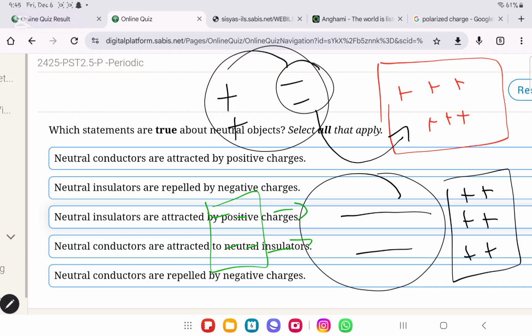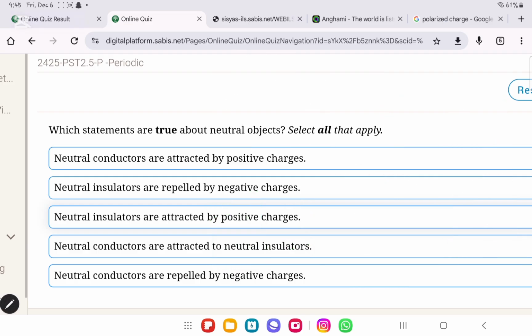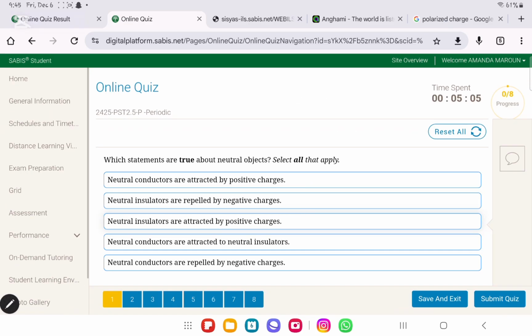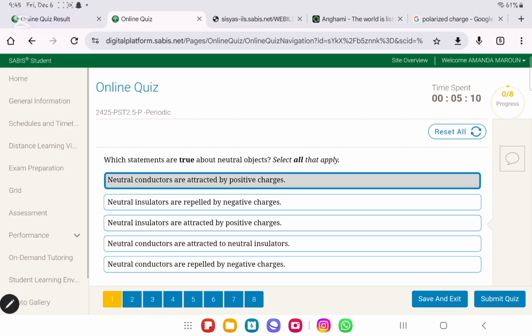So all you need to know is this for this question, and let us answer it. Neutral conductors are attracted by positive charges. Yes, for sure. We said neutral conductors or insulators are attracted by both positive and negative charges, but one at a time. They cannot be both at the same time.